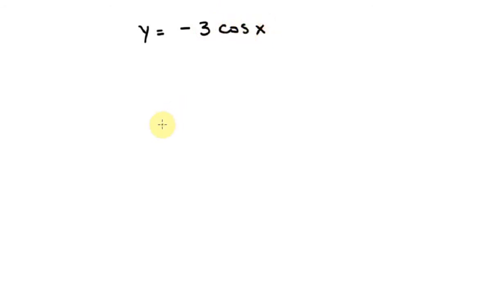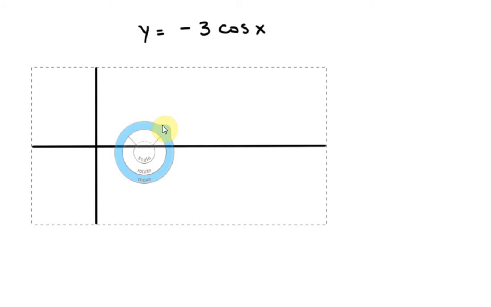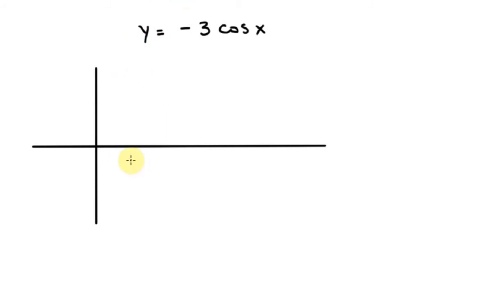All right, let's get our grid up here. And there it is. I know my key points are at 0, pi by 2, pi, 3 pi by 2, and then 2 pi. I can see that there's a change in the amplitude, and they've also thrown the negative in there.